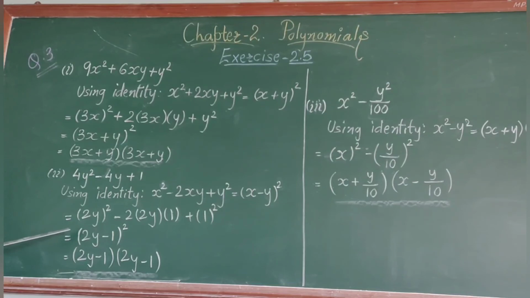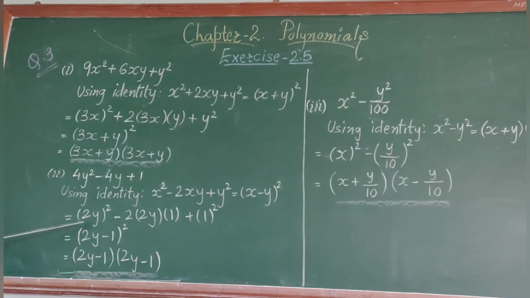We compare the values of x and y. We can see that 4y square is the perfect square of 2y. So we write (2y) whole square minus 2, the middle term is 2 into x. The x value we get is 2y, and again the y value we are getting is 1, because 1 is the square of 1. So we get y as 1, plus 1 whole square.